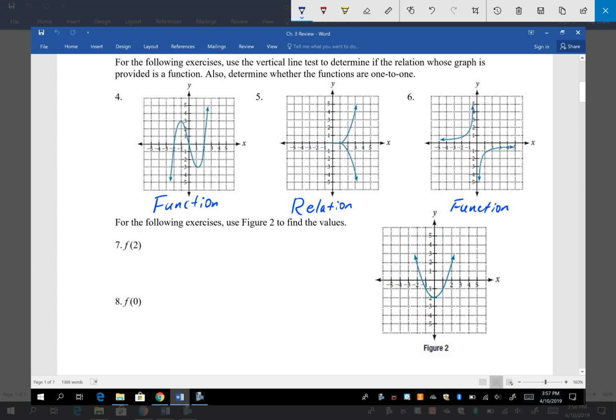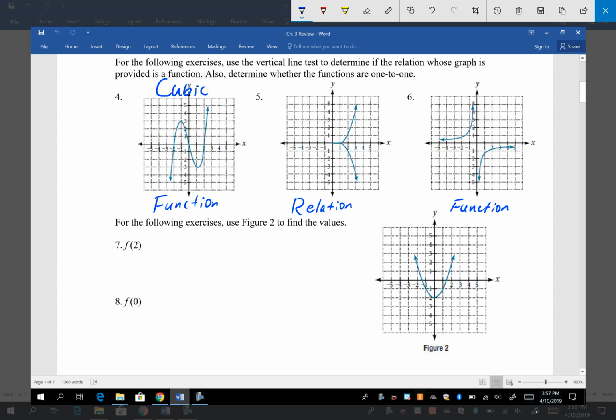Now, what I always say is, if you tell me it's a function, right, Mr. Branch just said it's a function, then you should be able to tell me what function it is. So which function is this if it hits 1, 2, 3 times? This is a cubic function. And what about this one? Not quadratic, that's the parabola.